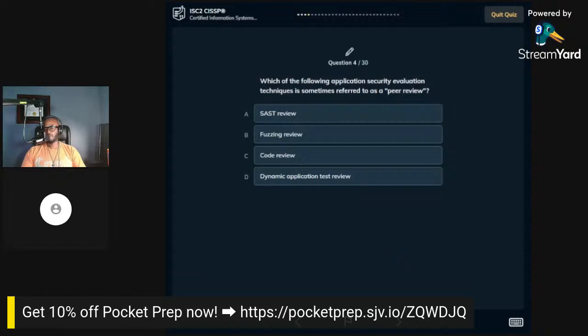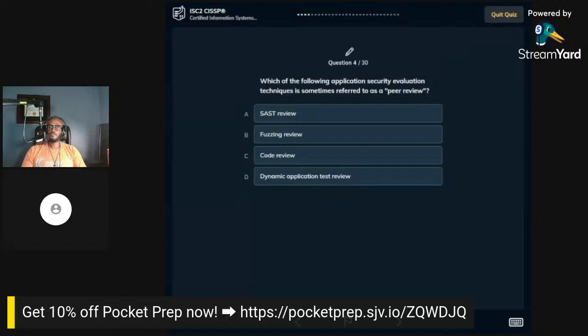All right. Which of the following application security evaluation techniques is sometimes referred to as a peer review? Oh wait, hold on. I want to eliminate Bravo. Code review is possible.